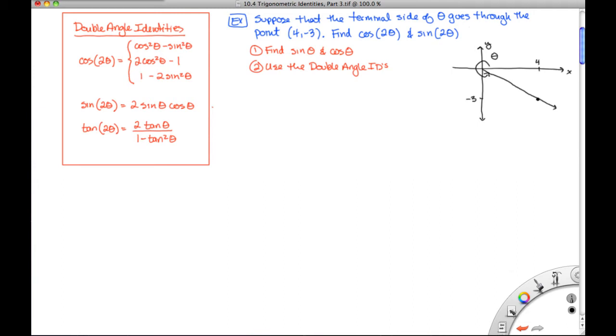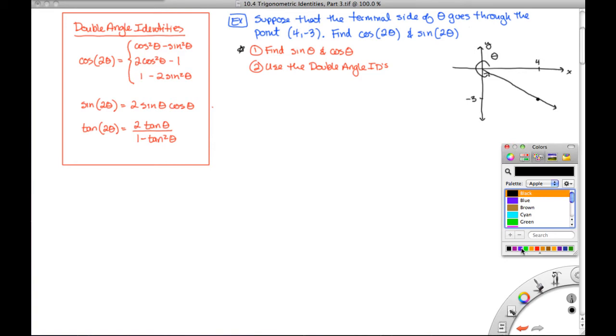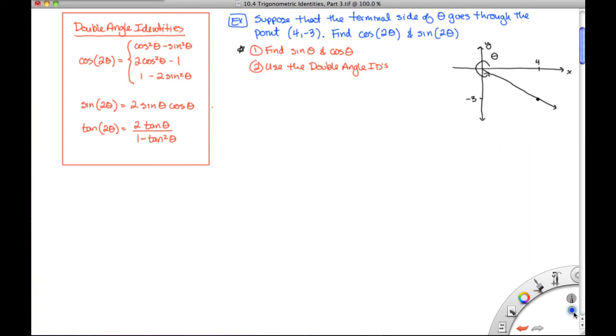So let's address this first step of finding the sine and the cosine. If you don't see why that's a good first step, you will in a second. Now the way that I'm going to do this, and again you could do this a number of ways, is to use the fact that we can define sine and cosine in terms of x, y, and r. So for step 1, I know that the sine of theta is defined as y over r, and the cosine of theta is defined as x over r.